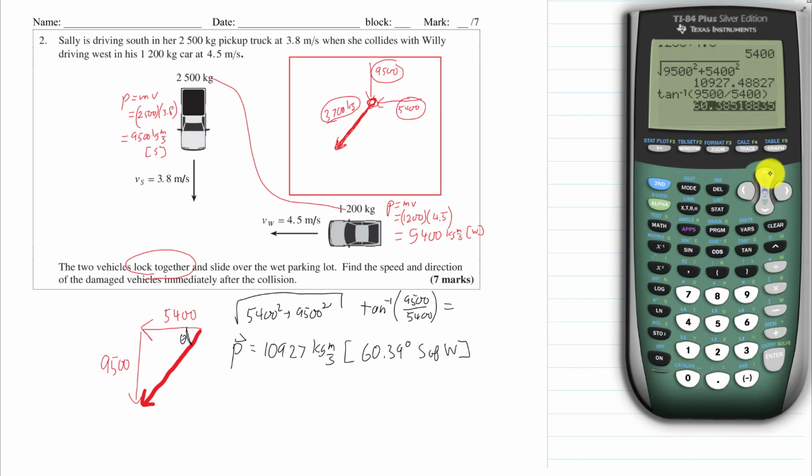And then I just take that number and divide it by 3,700, which is the mass.